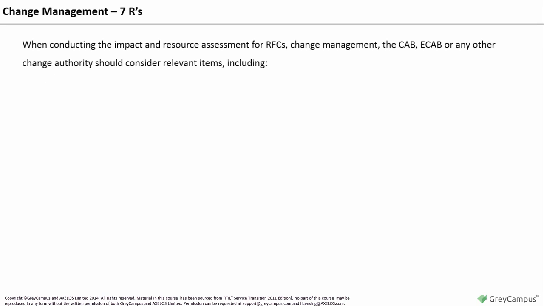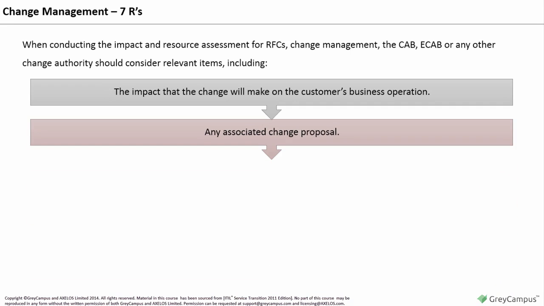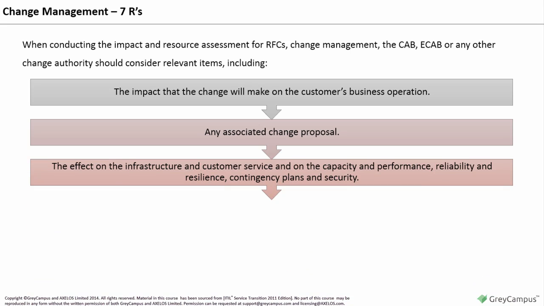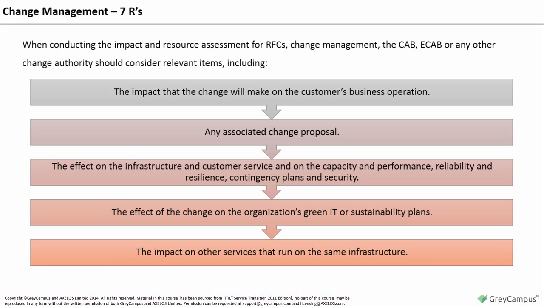When conducting the impact and resource assessment for RFCs, change management, the CAB, ECAB, or any other change authority should consider relevant items including the impact that the change will make on the customer's business operation, any associated change proposal, the effect on the infrastructure and customer service and on the capacity and performance, reliability and resilience, contingency plans and security, the effect of the change on the organization's green IT or sustainability plans, and the impact on other services that run on the same infrastructure.